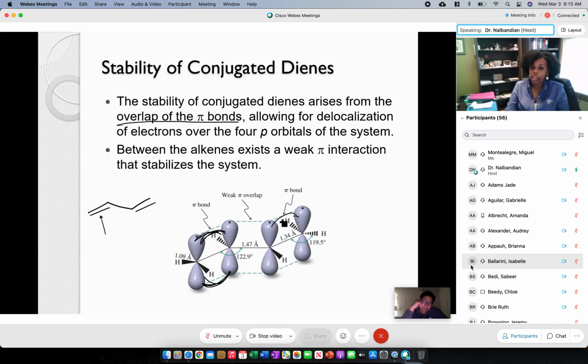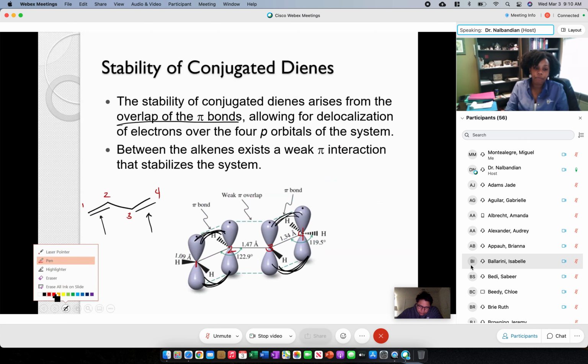And then again over here, overlap above and below allows us to make this double bond. If I call this carbon 1, 2, 3, and 4, we see those pi bonds that we're forming.